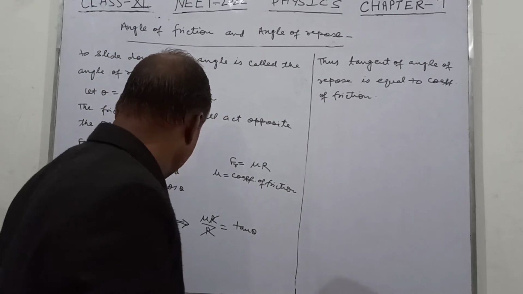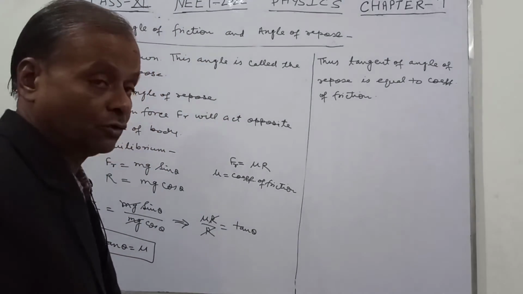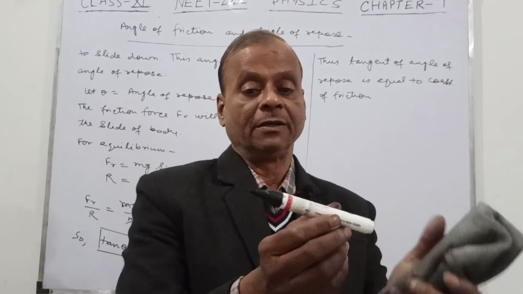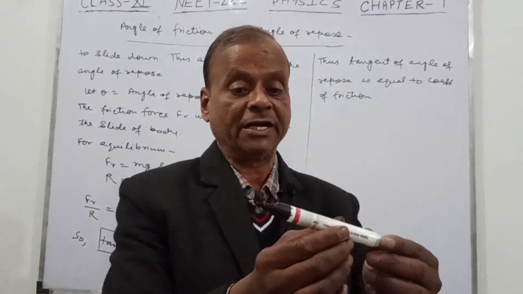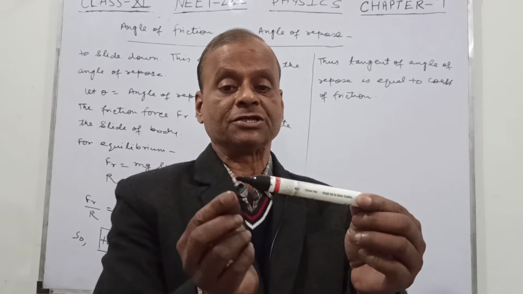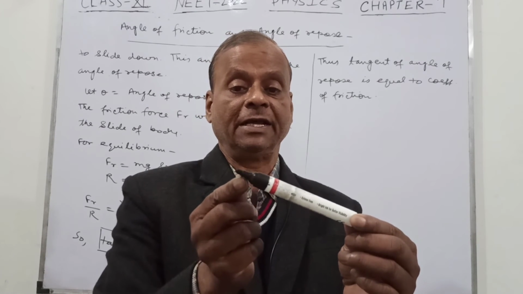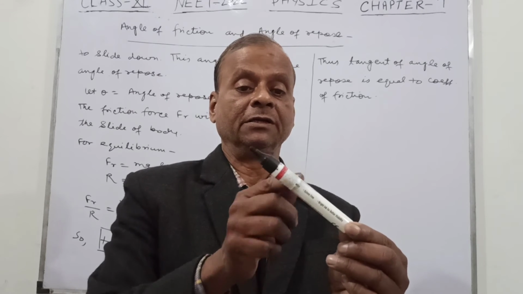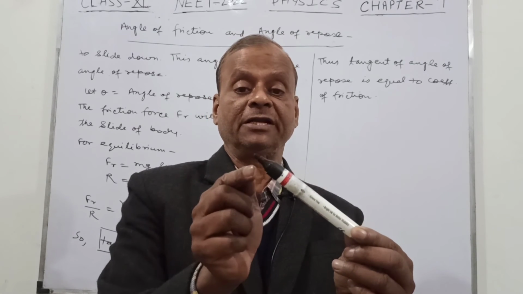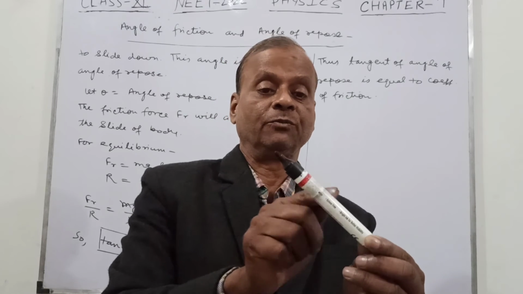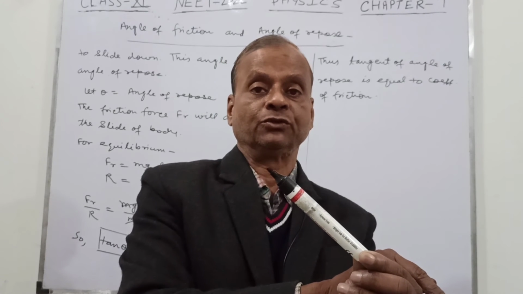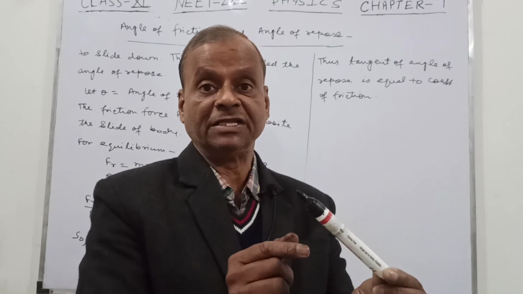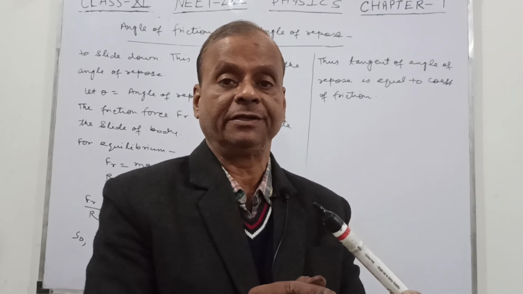So the angle theta will come out to be 0 and 45 degrees. Suppose this is the inclined plane and this part is raised like this, and suppose this makes an angle of 45 degrees, then the body will be at rest. But if it is slightly more, then the body will come down. So the body will slide when this angle is more than 45 degrees.